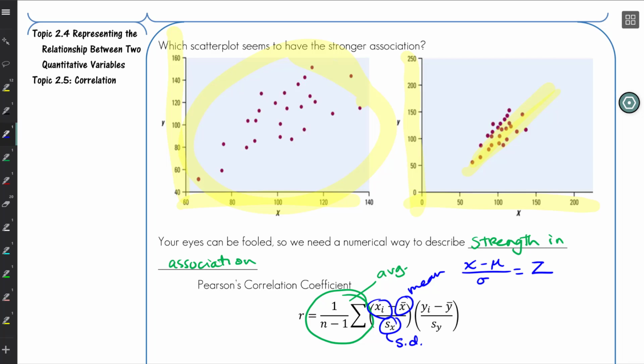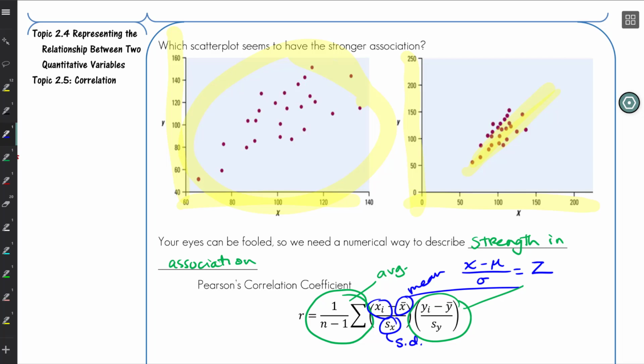That's a z-score. As I mentioned before about z-scores, this one formula is going to derive several different statistics that we are going to use in several key components all throughout our course. They don't go away. Z-scores are super important. So not only are we looking at the z-score of the x, but we're also looking at the z-score of the y variable, and we are multiplying them.